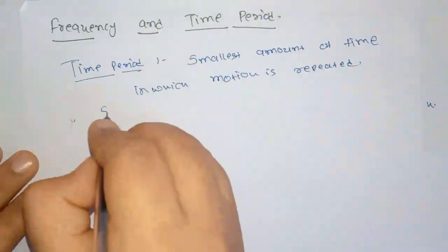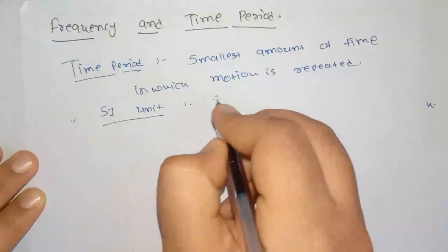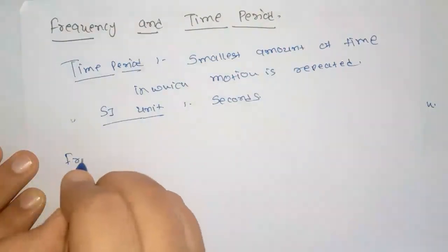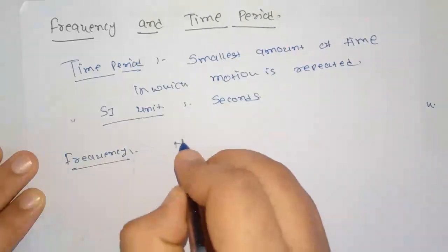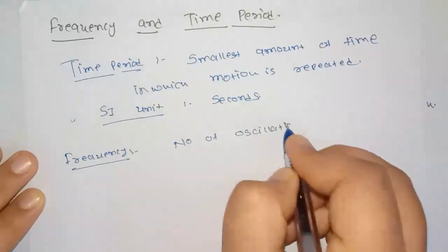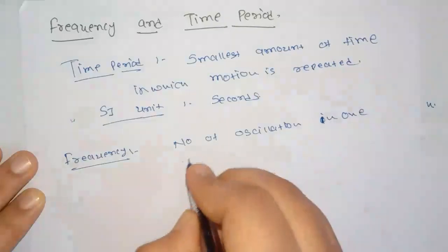The SI unit of time period is second, and the frequency is the number of oscillations that take place in 1 second.